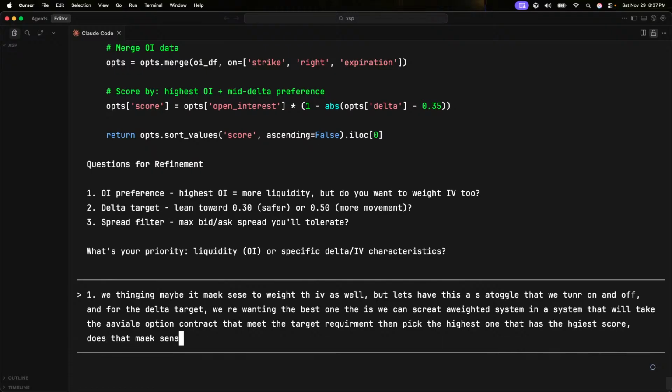Does that make sense? Three, spread filter, max bid ask spread you tolerate.